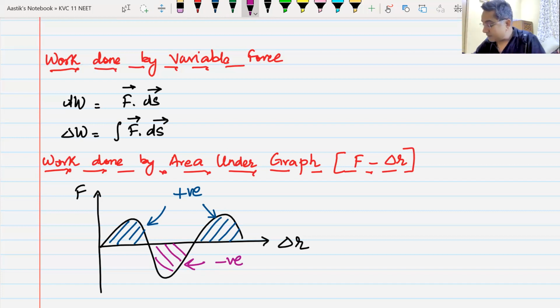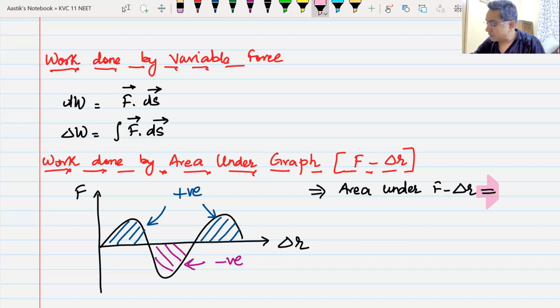So what you have to remember about this graph, point number 1, area under force displacement graph will give you work done. We understand this, yes or no? Will give you work done. Now this work done would be taken as positive.